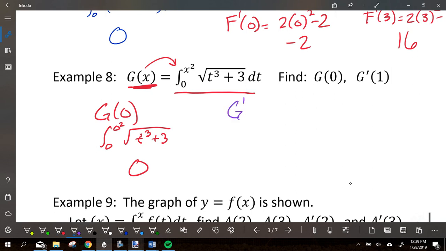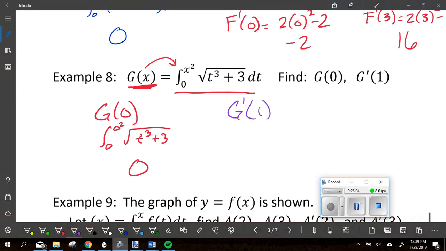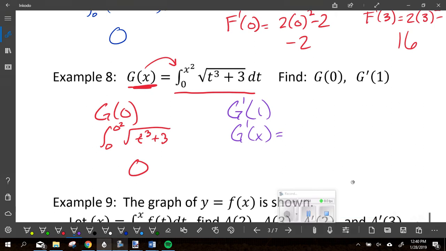The second one, though, is asking for G prime. You're asking for G prime at 1. Or in other words, you've got to take the derivative of this integral. Take a second with your neighbor and figure out what is G prime at 1 going to leave you with. We are finding the derivative of this integral. So let's start off by figuring out what G prime of x is.